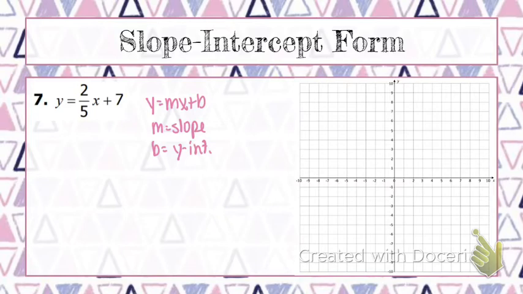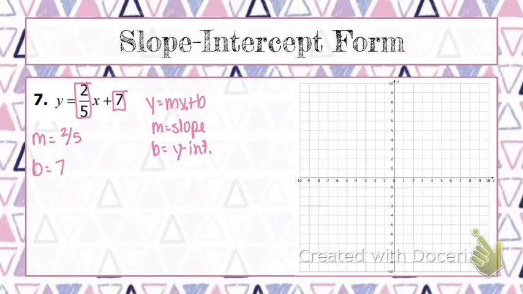So what we need to do is define the slope. We need to figure out what m is. So y equals mx plus b. So m is 2/5, and then b, our y-intercept, is 7.